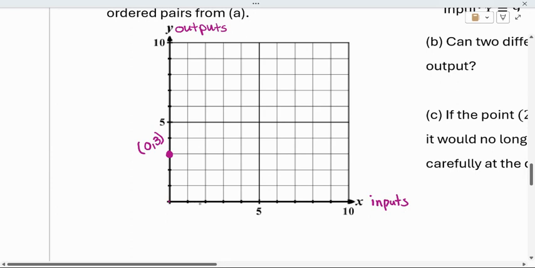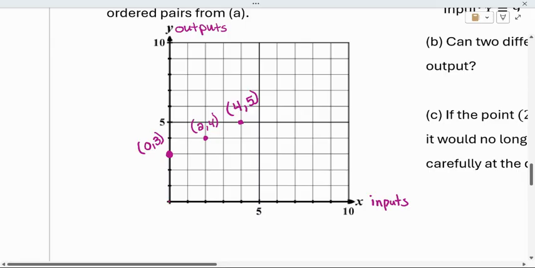What about when x is 2? When x is 2, what is my output? 4. That is the ordered pair 2, 4. What about when x is 4? My output is 5. So that's the ordered pair 4, 5.